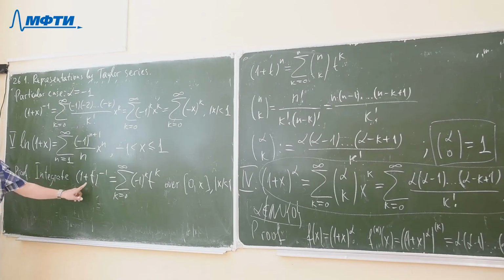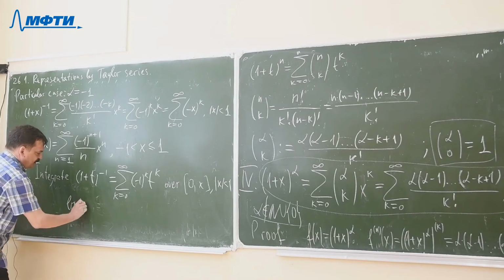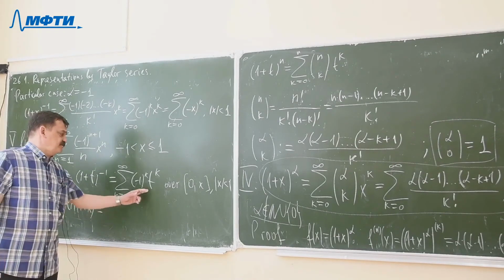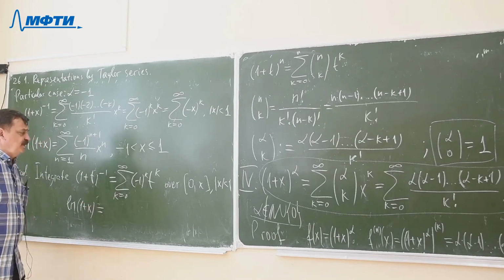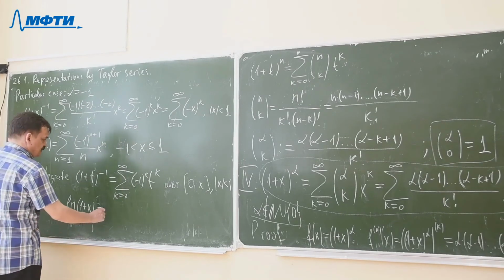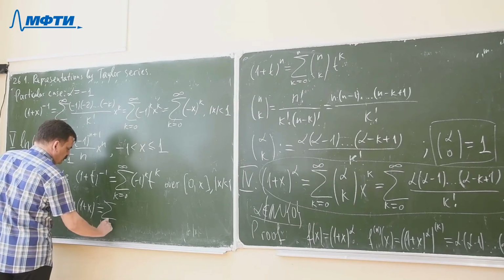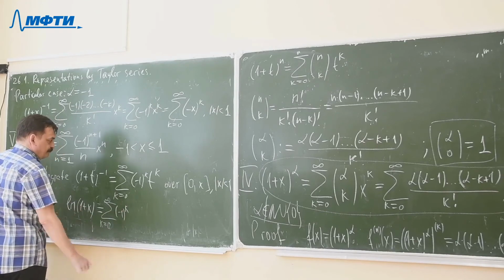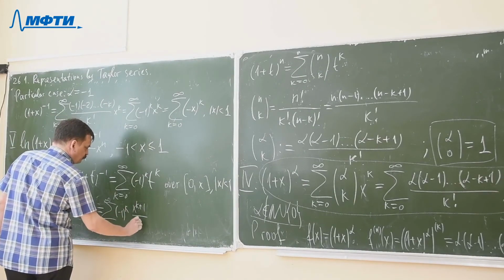So if we integrate 1 over 1 plus t, we obtain precisely logarithm 1 plus x, and if we integrate from 0 to x every term here, we obtain precisely the sum, I will write it firstly like that, minus 1 to the power k, x to the power k plus 1 over k plus 1.